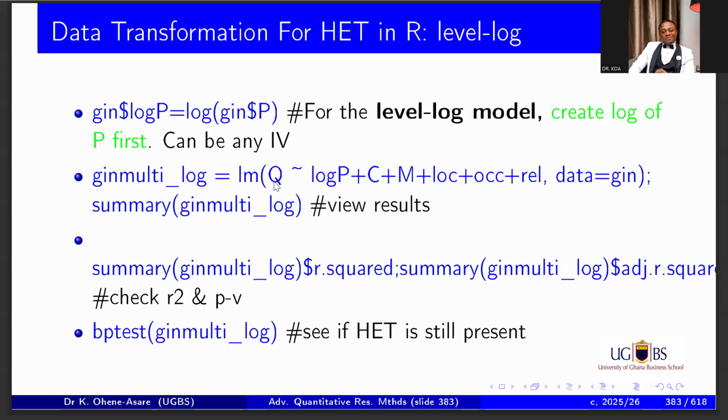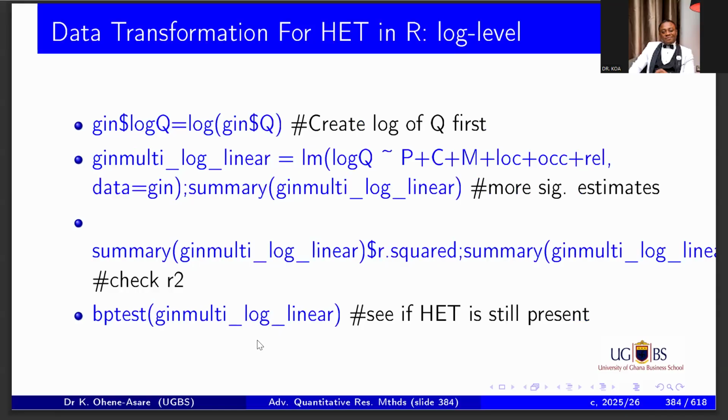Yeah, I should have run these things for you to see. The kill is still in levels, but then the P is logged. And then I show the results. You are checking the R square, so that's why I have the R square and the adjusted R square to check. And when you check, you see that the heteroscedasticity is still present.